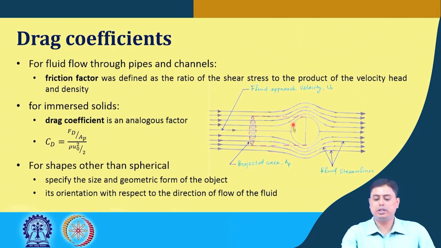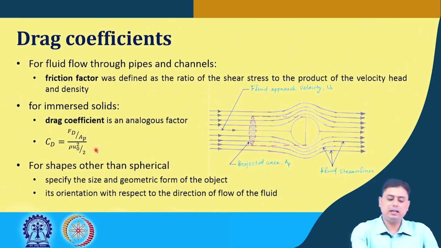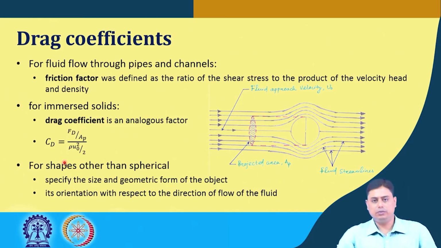It basically gets a projected area to act upon, and let's designate that projected area by AP. So if the total drag force is Fd, the drag force per unit area is Fd by AP, and at the bottom we have rho, the density, and the approach velocity, where approach velocity squared by 2 is basically the velocity head. So this is the definition of the drag coefficient.